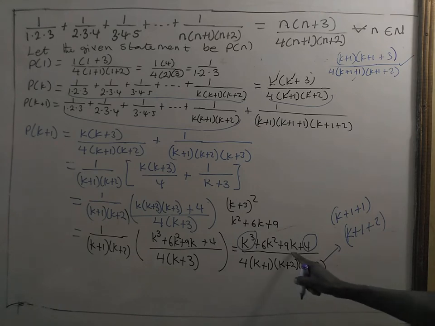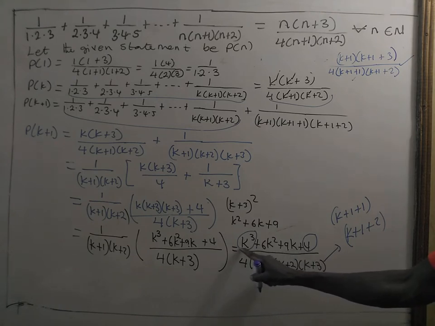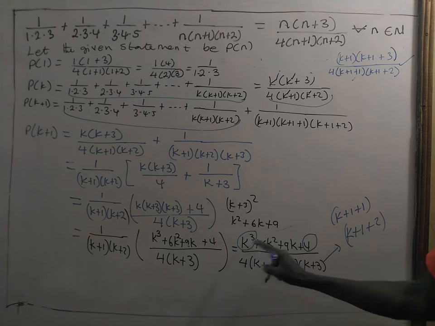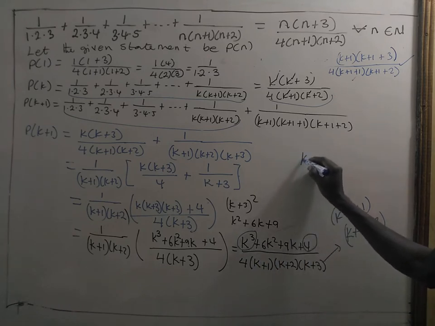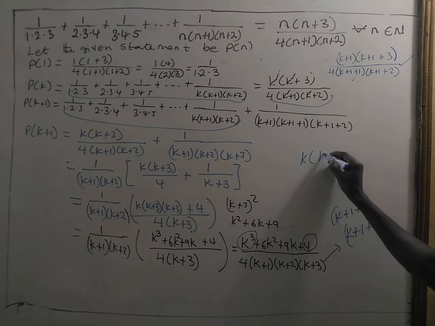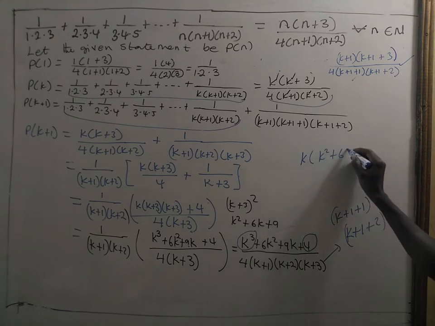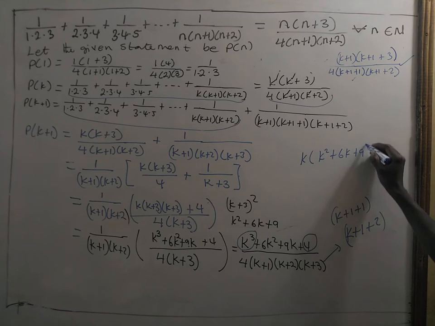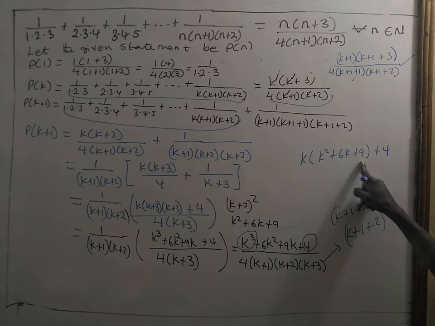Can we factorize k out here? If we factorize k out here, the top one, we will get k times k squared plus 6k plus 9 plus 4. And this is a quadratic expression which factorizes.